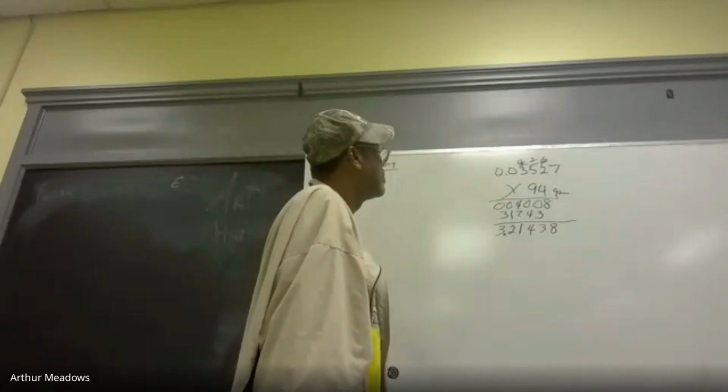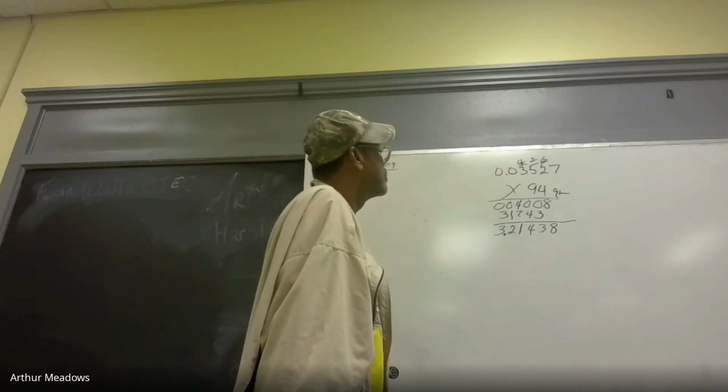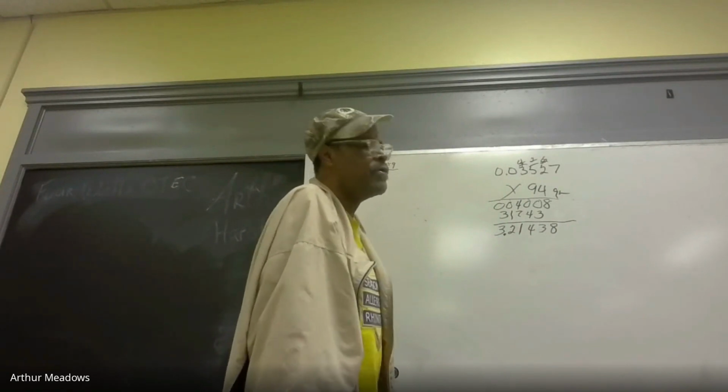If you times 0.03527 by 94, you get 3.3153. Oh, you get 3.31538. I don't know, maybe my math is wrong. Check it out.